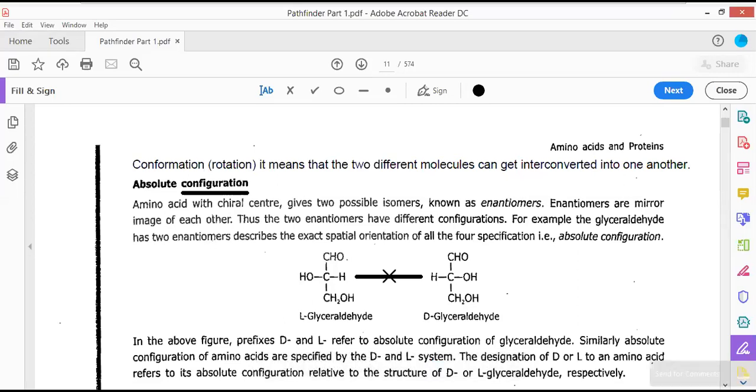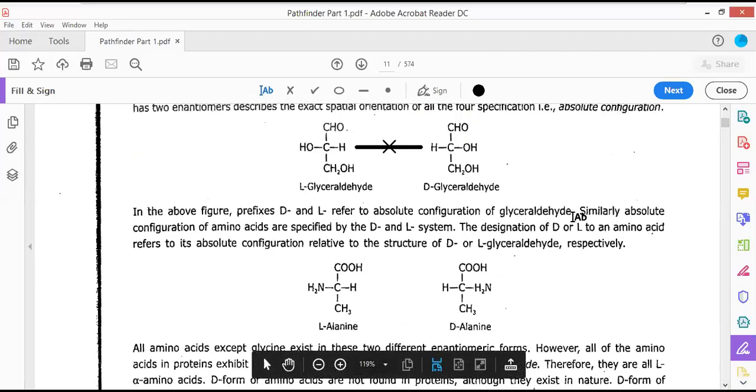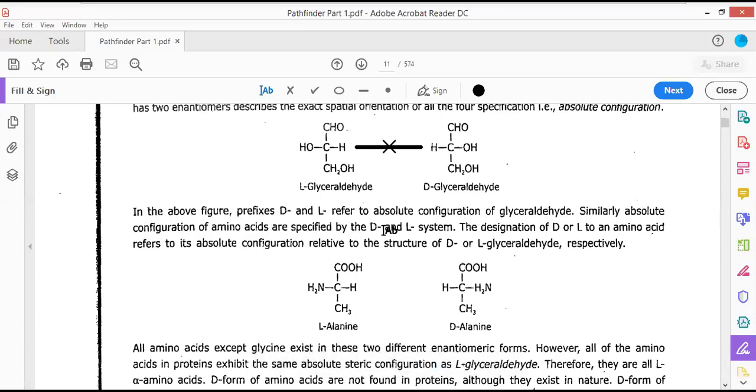The prefixes D and L refer to the absolute configuration of glyceraldehyde. Similarly, the absolute configuration of amino acids is of two types, D and L amino acids. We always have L amino acids and we always have D sugars. Human beings and the living world, usually the eukaryotes, have L amino acids and D sugars.